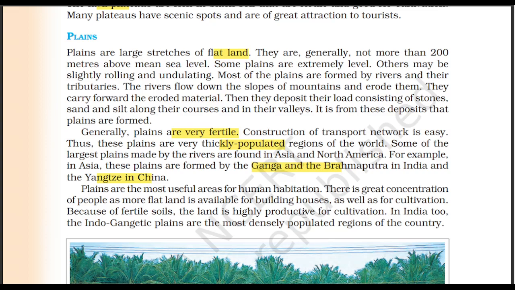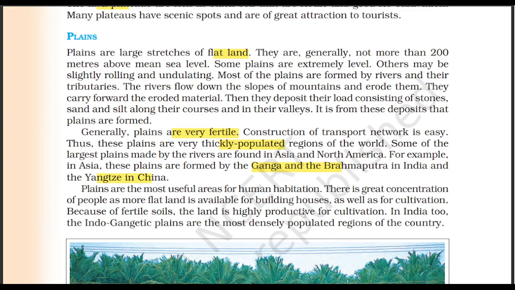A plain is a flat area where the river moves very smoothly and deposits silt, which is very fertile.